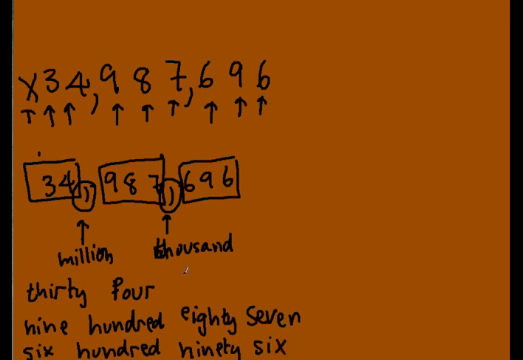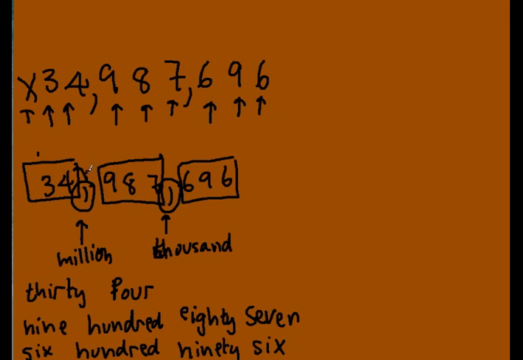Now, these commas, what is the business with them? Why did we put them down? Well, it's because after you read 34, what comes right after? Right after is the comma right there. So what would you have to put right after 34? You have to put the word million, just because of that comma right there. After 987, what do you see right after?